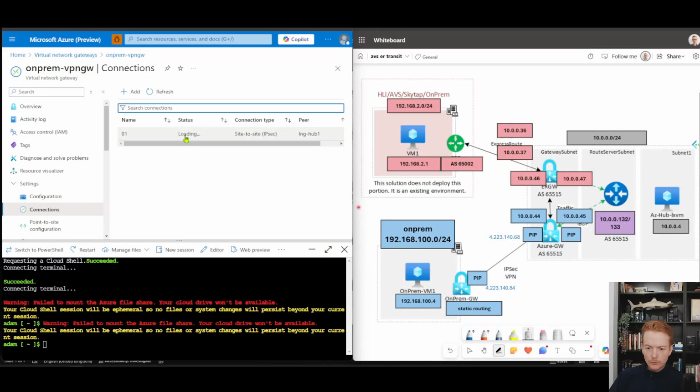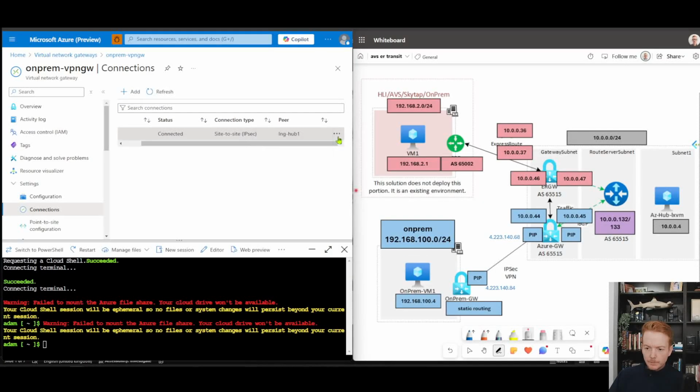So here we have one single connection that's going from my on-prem gateway to a single instance of the two available instances I have of the Azure VPN Gateway, two instances as part of the one Azure VPN Gateway resource. Of course, we can't deploy multiple Azure VPN gateways in one gateway subnet.